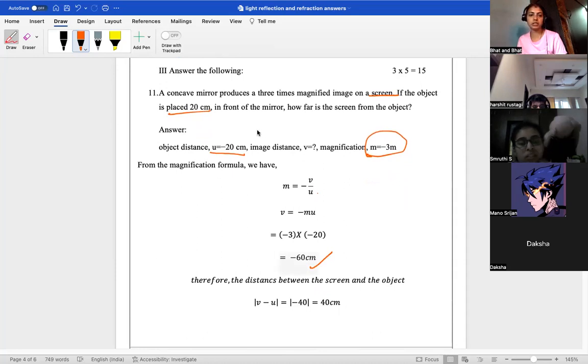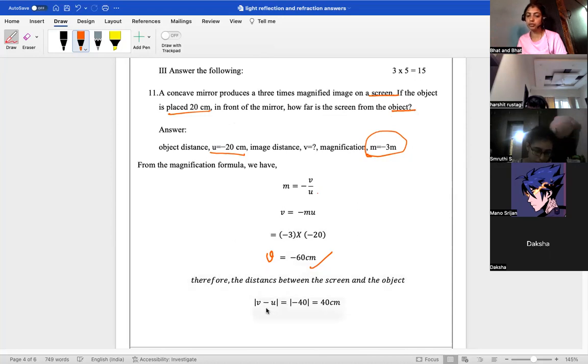Now what is the distance? What is asked? How far is the screen from the object? From object you have to find the screen position, not from the lens. This v, what we found out, is the distance of the image, that is the screen, from the lens. Correct? They are asking what is the distance of the screen from the object.